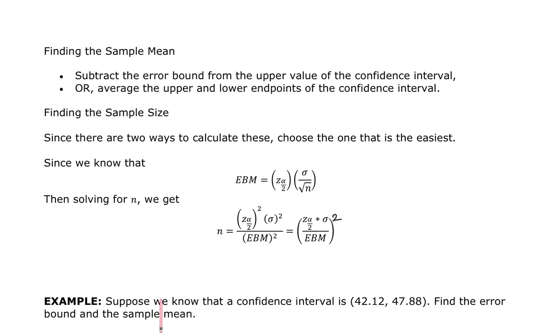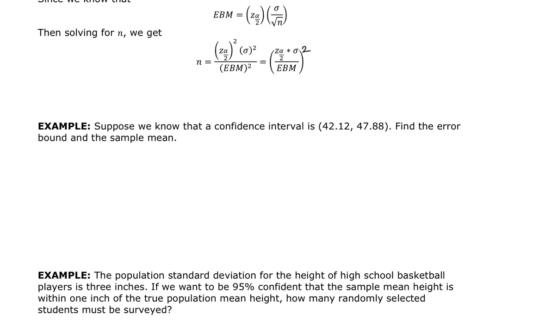That is going to tell me the sample size. Suppose we know a confidence interval is 42.12 to 47.88, and we want to find the error bound and the sample mean. We take the upper minus the lower, so 47.88 minus 42.12, and divide by 2.